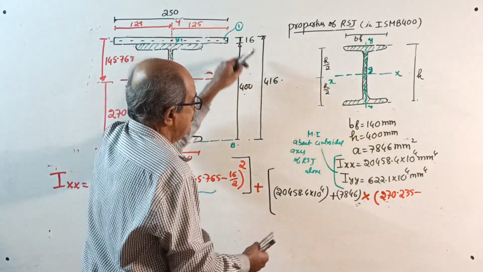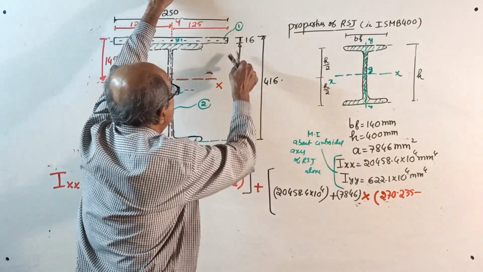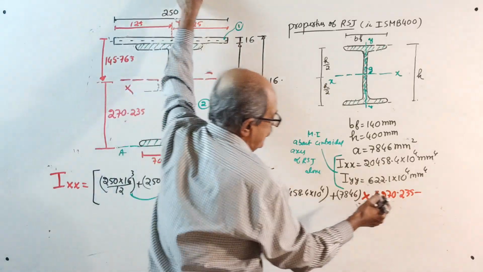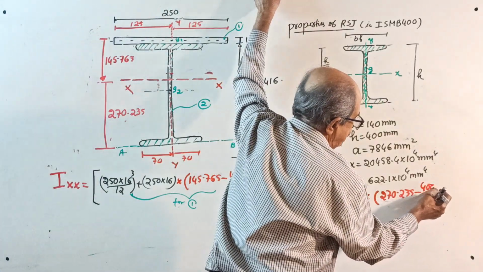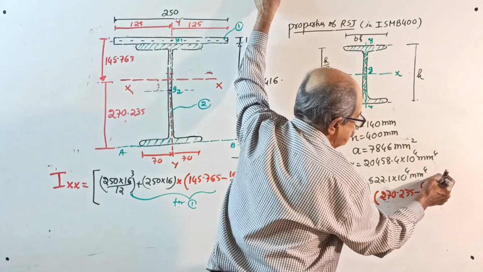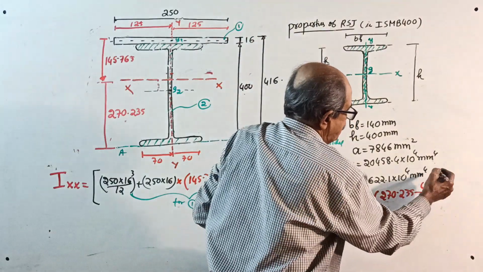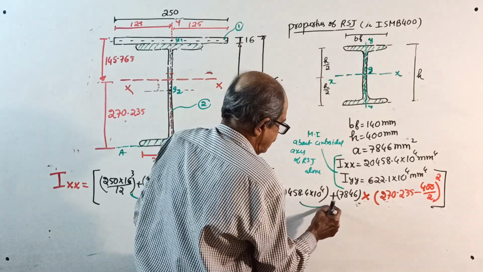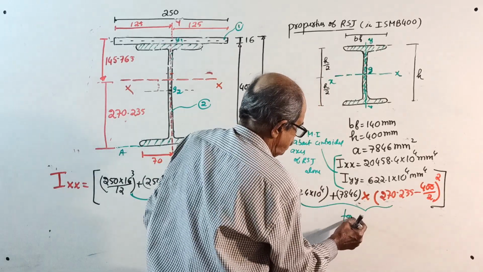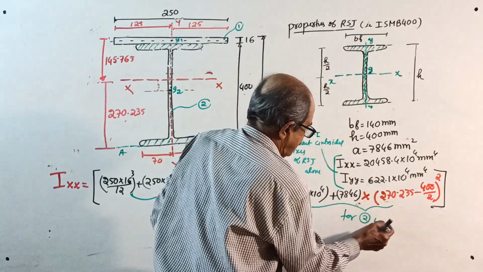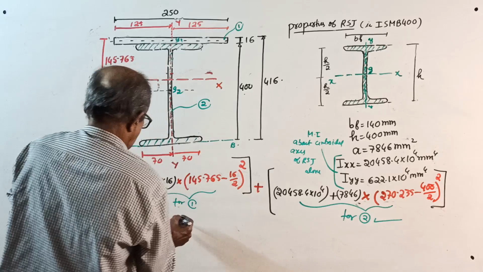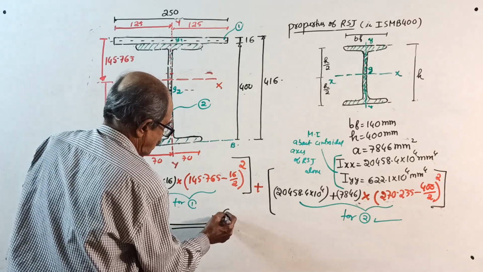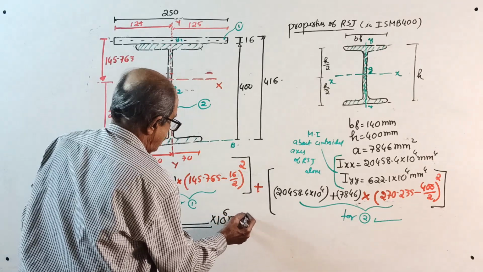This h is 400, be careful. Minus 400 by 2 whole square, calculate, close the bracket. This is for 2. Now calculate and get the answer. Answer I am not writing, 10 to the power 6 millimeter power 4.